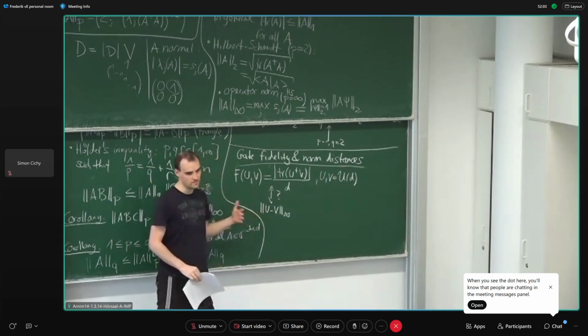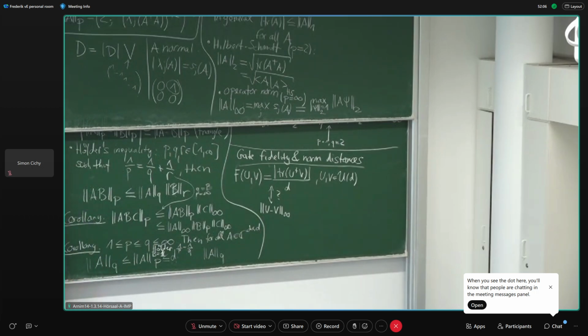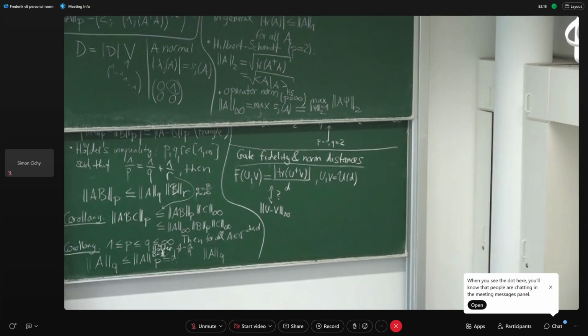Actually, maybe this is not a good measure, because if v is equal to u up to some global phase factor, we will not detect that. Right? The norm will say, oh, they're not the same, but the corresponding gates are the same.